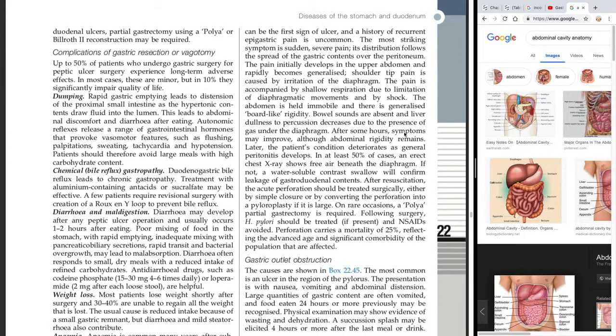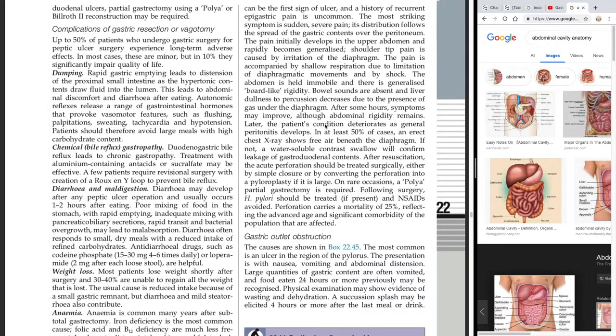After some hours, symptoms may improve, although abdominal rigidity remains. Later, the patient's condition deteriorates as general peritonitis develops. In at least 50% of cases, an erect chest X-ray shows free air beneath the diaphragm. If not, a water-soluble contrast swallow will confirm leakage of gastroduodenal contents.